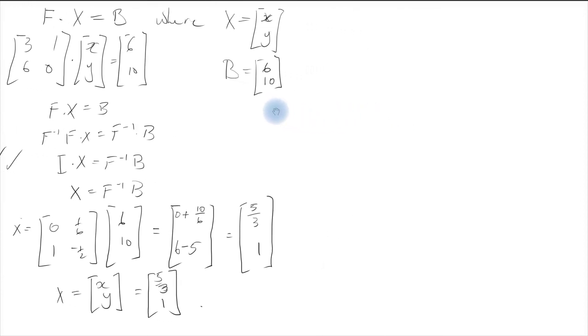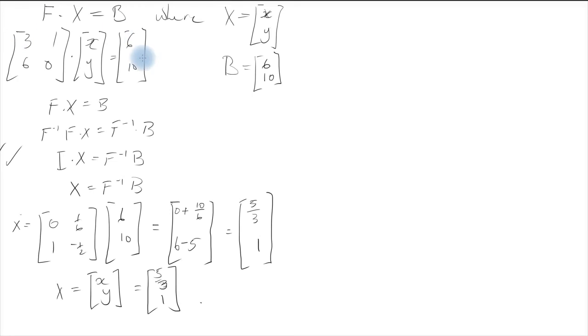So have a look at this setup that we've got here. This 3, 1, 6, 0 times x, y equals 6, 10. Okay, I'm going to write some equations that actually are the same as this. So imagine I'm just doing the matrix multiplication of this. I'm going to write it down as simultaneous equations.